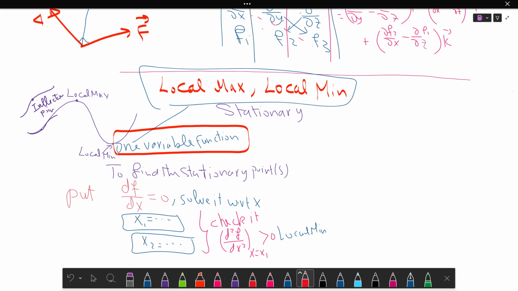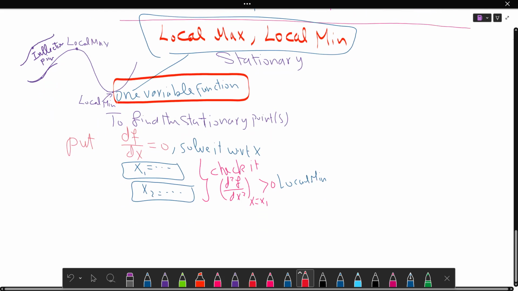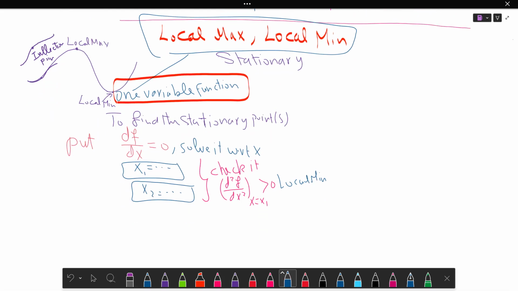If it is the opposite way, if the second derivative at another point, x equal to x2, is less than 0, you call it what? Local maximum. Catch it?